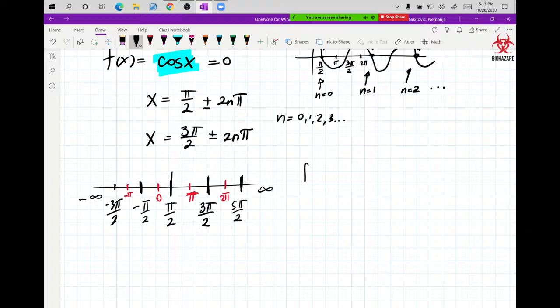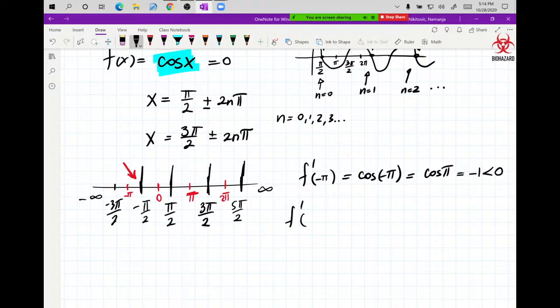All right, so now f prime of negative pi is the cosine of negative pi. Cosine is an even function, so that negative doesn't matter. And cosine of pi is -1, which is less than 0, which means a decrease over here in the box. Then f prime at 0 is cosine of 0. Cosine of 0 is 1, larger than 0.